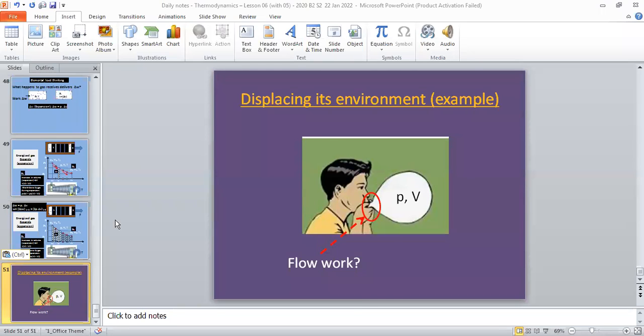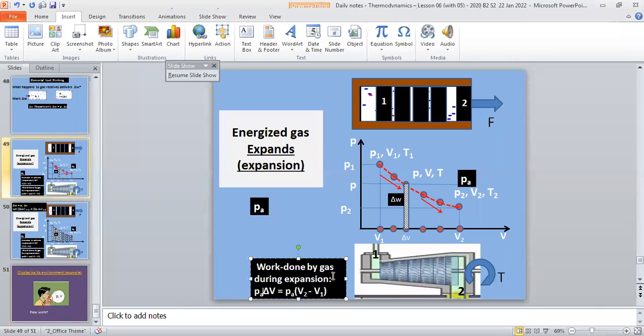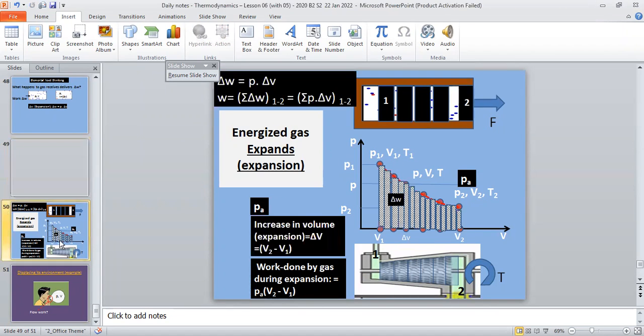I will take the daily note. Here, this delta V I take out. So, work done by gas during expansion. I just put as average pressure times V2 minus V1, that is relevant. Okay.